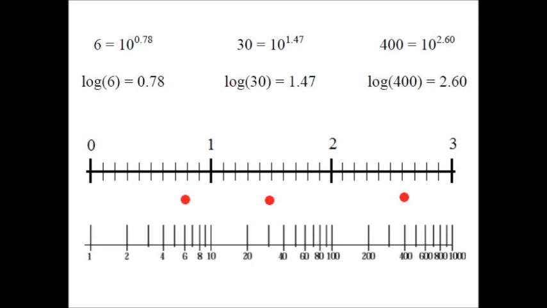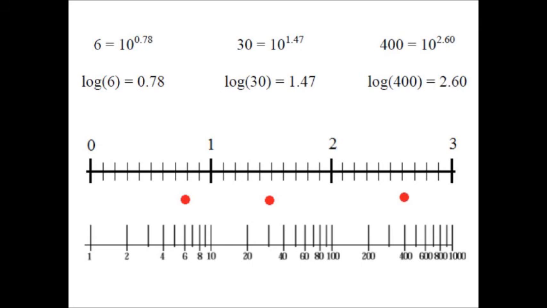Here we have the 0.78, the 1.47, and the 2.60 graphed on a traditional scale. We also have the 6, the 30, and the 400 graphed on a log scale. Changing the scale changed whether or not that dot represented a 6 or a 0.78.